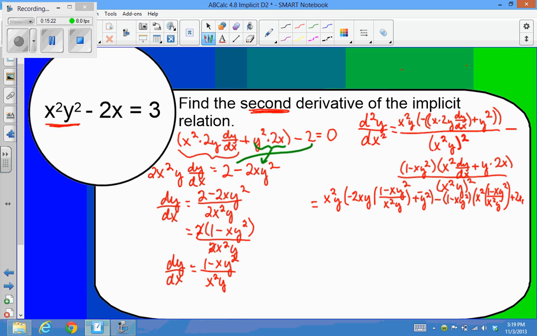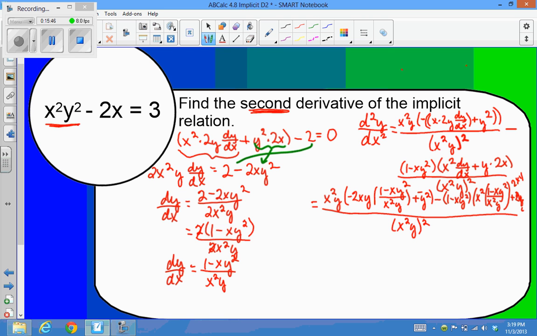Ooh, running out of room there. Plus a 2xy. Let's see if I can write it going up so y'all can see a little better. All over x squared y squared. Okay, so we're a little bit better there.